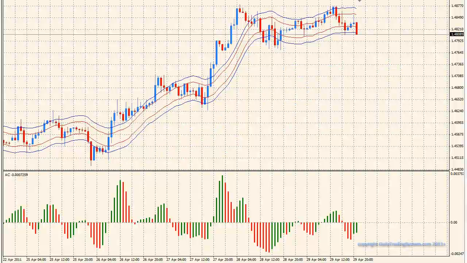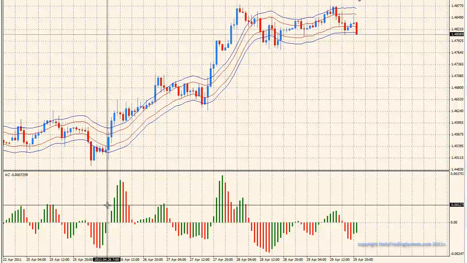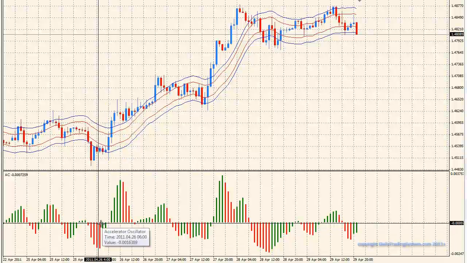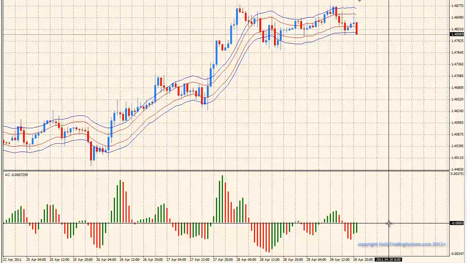When you see that the close is inside those two lower bands, the next thing we need to take a look at is where it lines up with the Accelerator Oscillator. This is the vertical scale, where the perforated dashed line is.